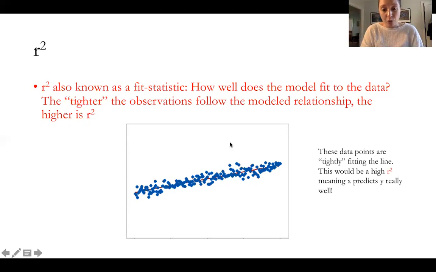If the dots are really, really far away from the line, their X variable is not predicting the Y variable very well, and that R-squared value is going to be closer to 0. So this is what we mean by a fit statistic. How well does the independent variable or variables explain our dependent variable?